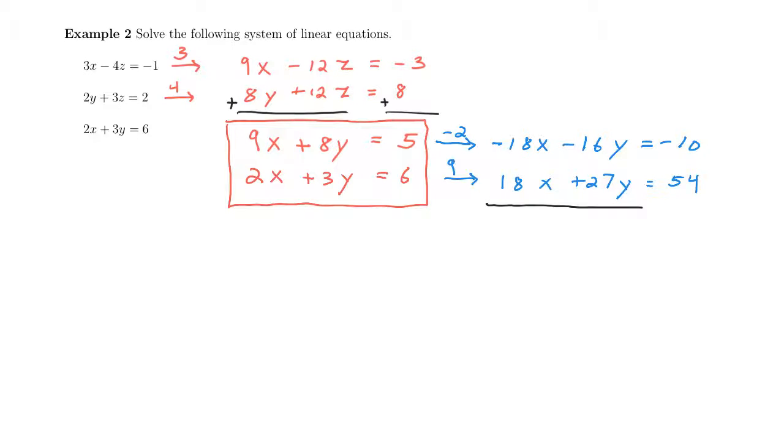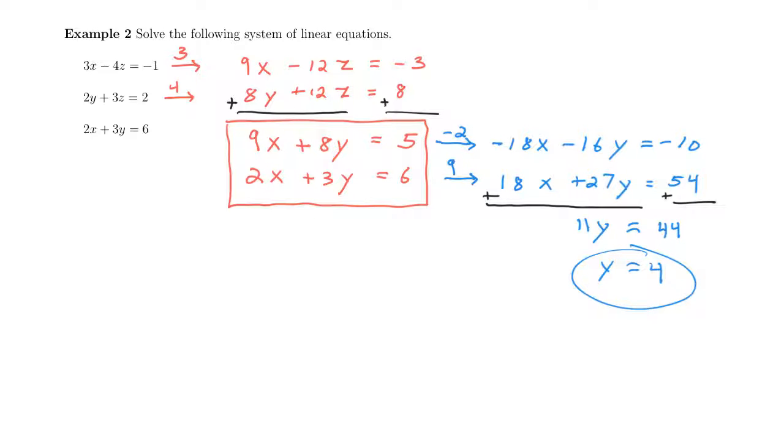If I add these together now, it'll cancel the x's, and actually I'm just left with the y's. All right, I have 11y is equal to, oh, that's nice, this is going to be a positive 44, so that when I divide both sides by 11, I am left with my y value of 4.